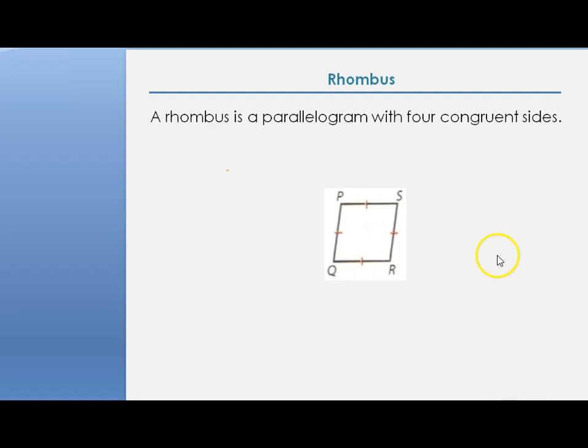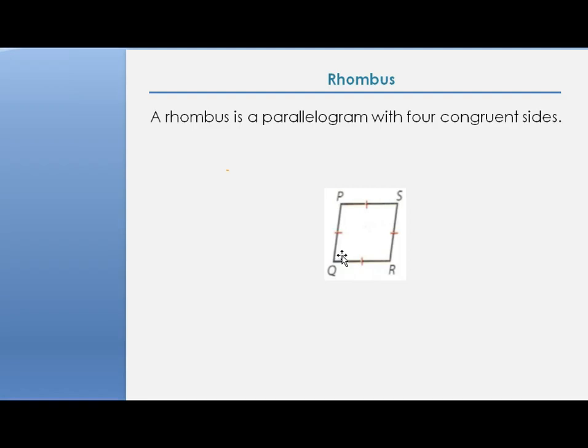Now number 1 has a figure that looks just like this figure that was in your lesson. And this figure is the rhombus, and in fact number 1 uses the same endpoints, P, S, R, Q. And it says identify the following. So number 1, it says 2 sets of opposite sides in the quadrilateral.